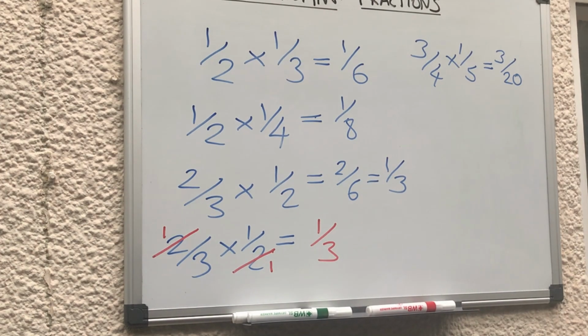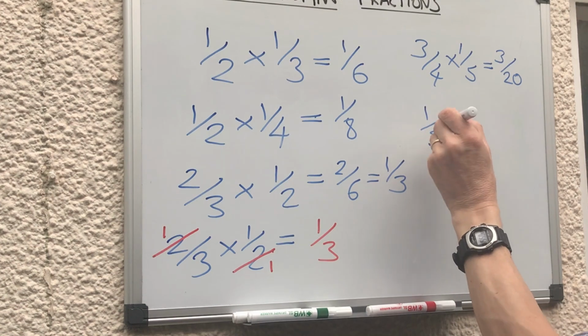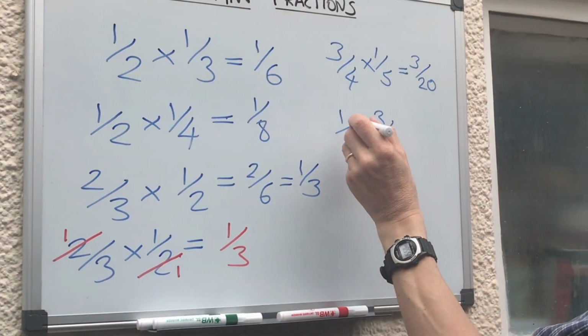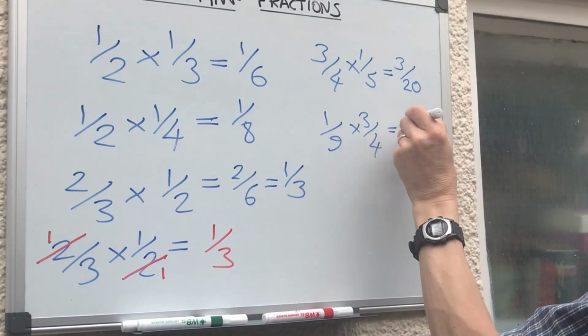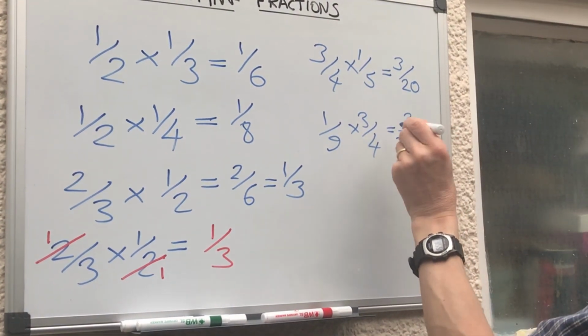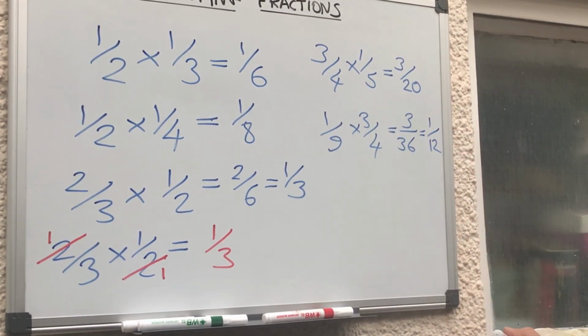Okay, next question is 1/9 times 3/4. You could just do this, 1 times 3 is 3, 9 times 4 is 36, and then you could say, oh actually I can divide by 3, 1/12.